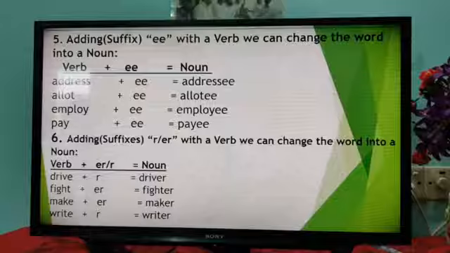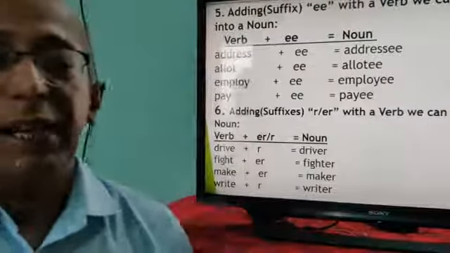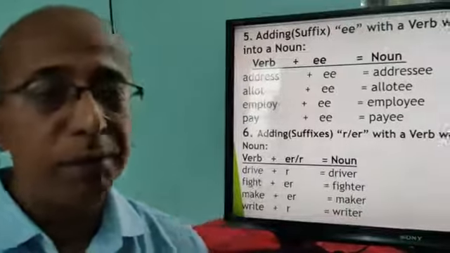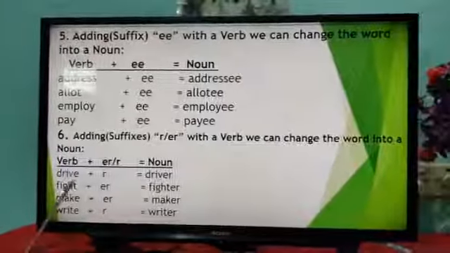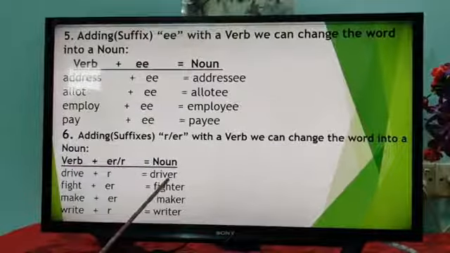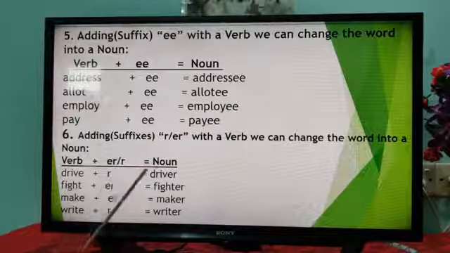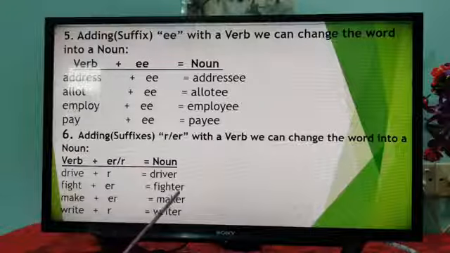You know, driver is a person. The things that we can see or feel are called nouns, and so driver is a person, driver is a noun. Drive is the verb here, and R is a suffix, and so the noun is driver. Fight, who fight is fighter.